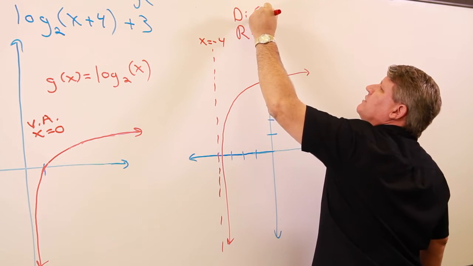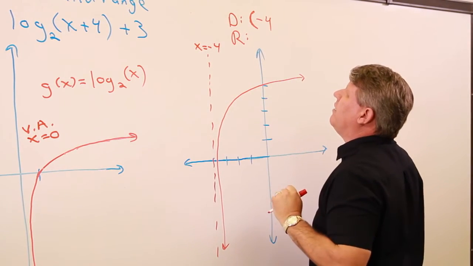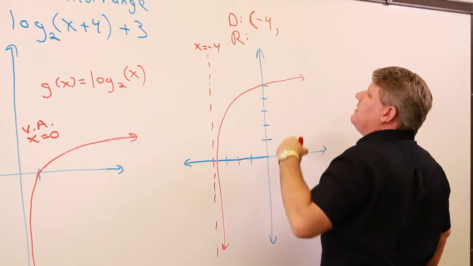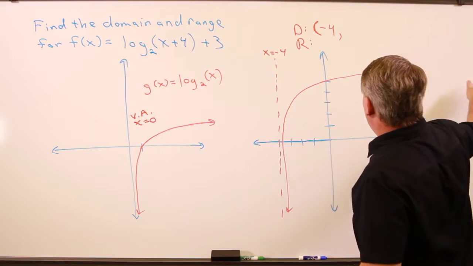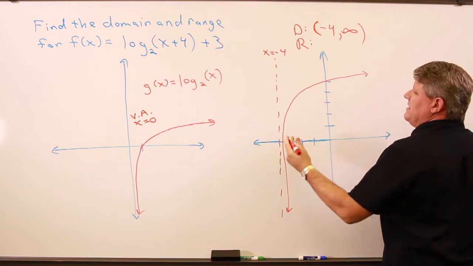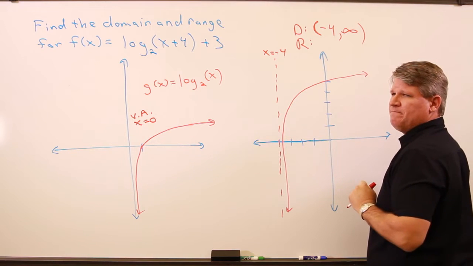So in interval notation, that means we're going to use parentheses at the start. This graph goes to the right forever, to infinity. So our domain will be negative 4 to infinity, with a parenthesis on the negative 4.